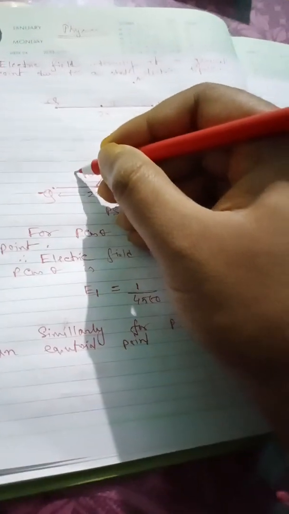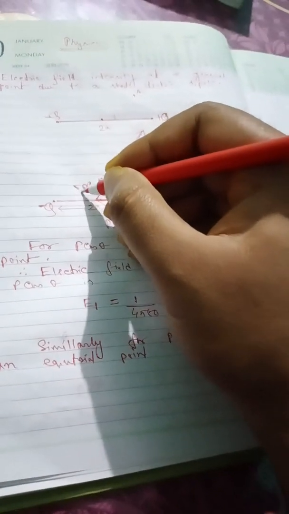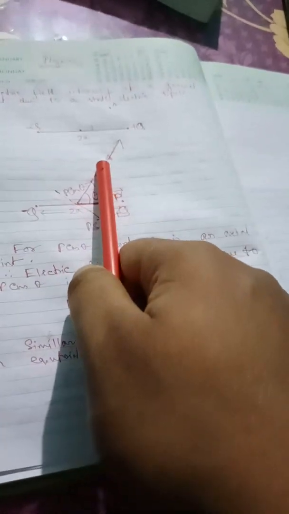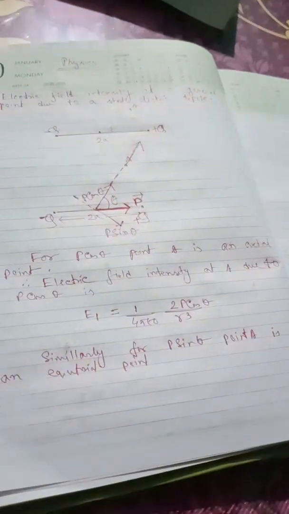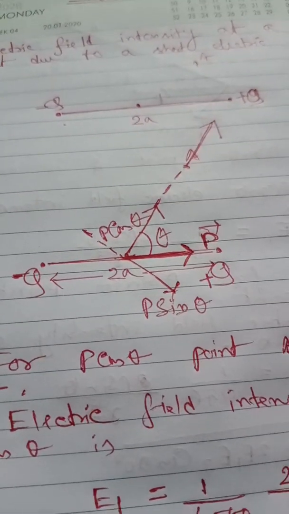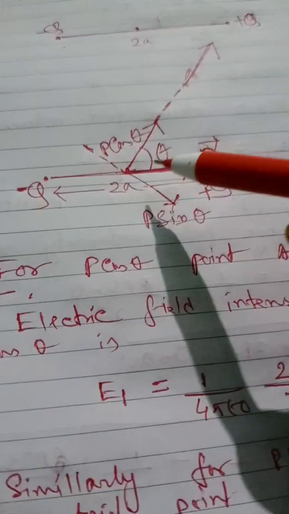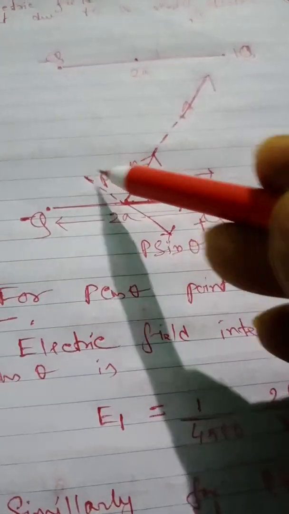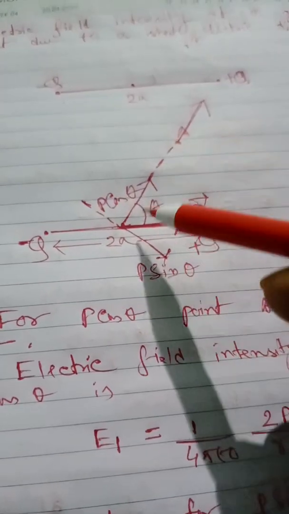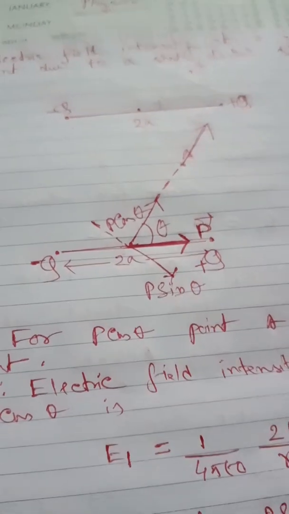If we extend this in such a way, for the P sin theta, this point A is an equatorial point. See here, this is the P sin theta. Imagine extending this, so this A is the equatorial point.